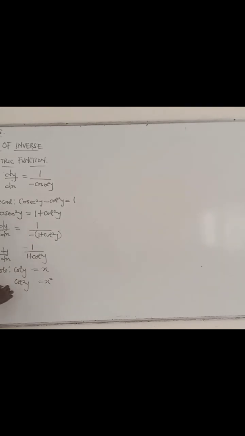I can finally say that dy/ds is equal to minus 1 over 1 plus s squared. So that is your final answer.